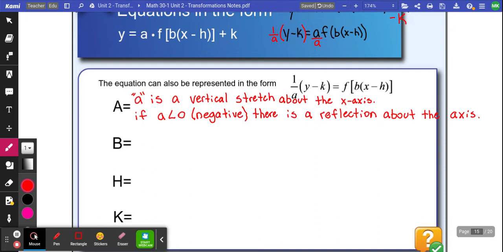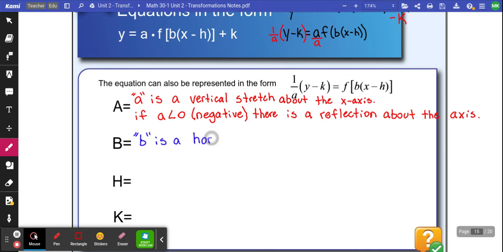That's how it works. Now your B value is another stretch. What type of stretch is it? Horizontal. And what's it stretching away from? The y-axis. Perfect. So B is a horizontal stretch. And you do have to say what it's stretching away from.